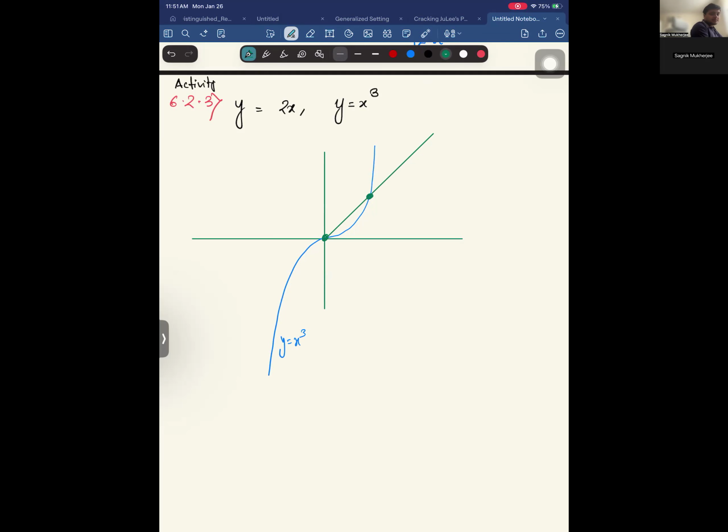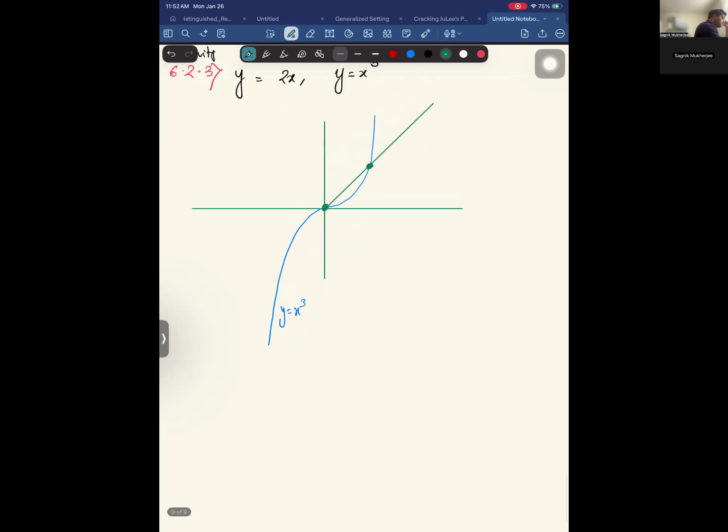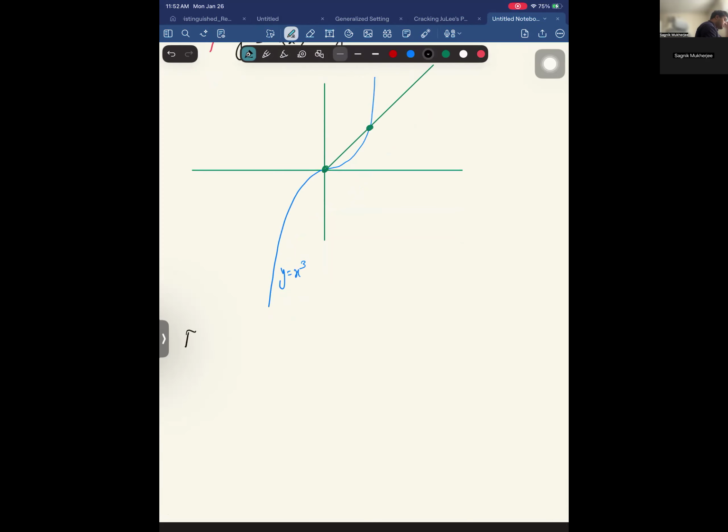Now see, the point of intersection won't change whether you want to view it as a function of y or a function of x. So, to find the intersection point, how do you do it? You can either equate in terms of a function of x, which is fine, or you can equate in terms of y.